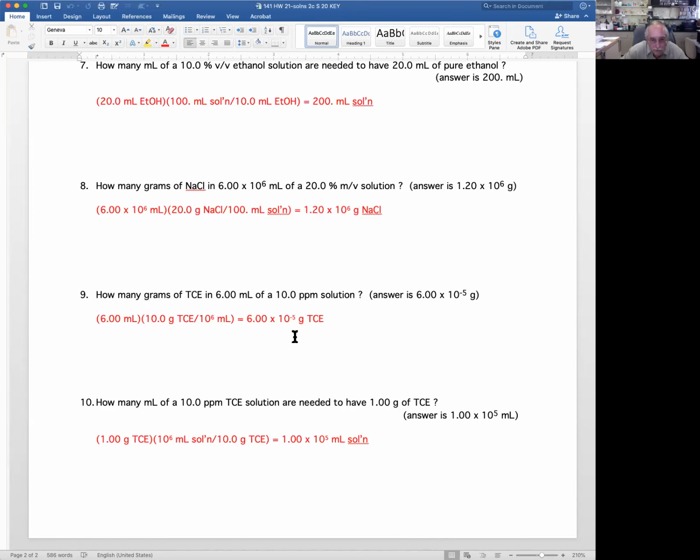So there's my answer. So how many milliliters of a 10 parts per million TCE solution are needed to have 1 gram of TCE? So again, that's my conversion factor, right? 1 gram of TCE, I need to get rid of grams of TCE, keep milliliters of the solution, and there's the answer.